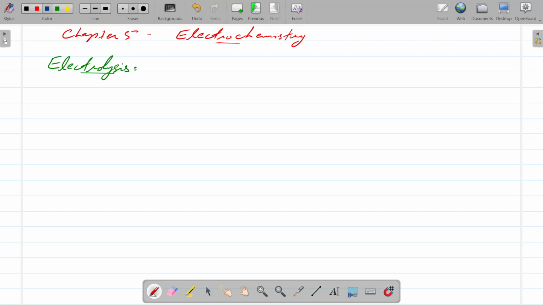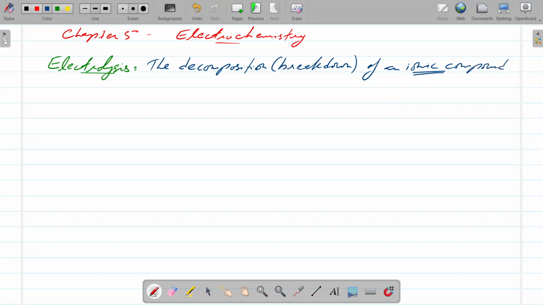So by definition, electrolysis is the decomposition, or in simpler terms, the breakdown of an ionic compound, when it is either in its molten or aqueous state, by the passage of an electric current.